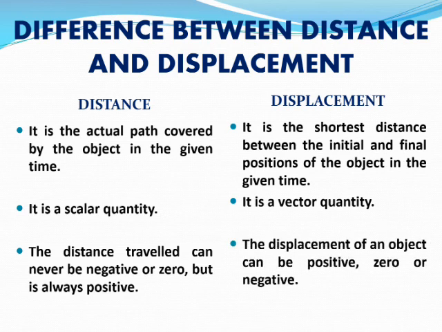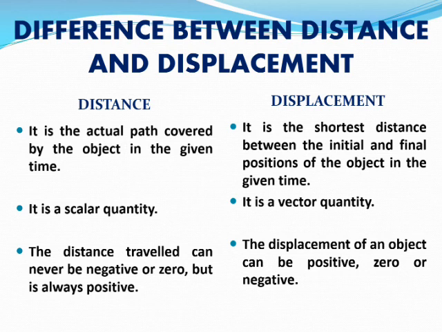And now let's see the difference between distance and displacement. Distance is the actual path covered by the object in the given time, while displacement is the shortest distance between the initial and final positions of the object in the given time.